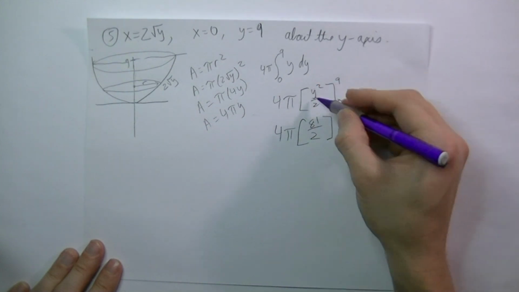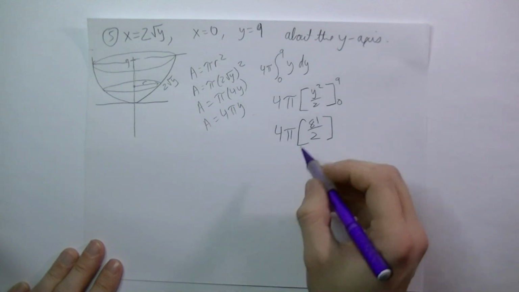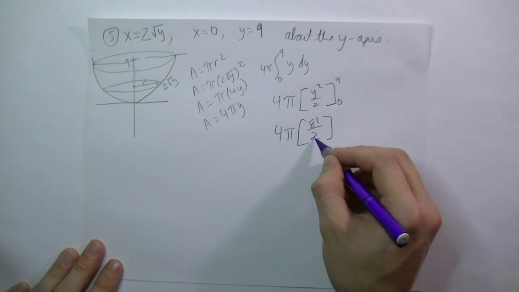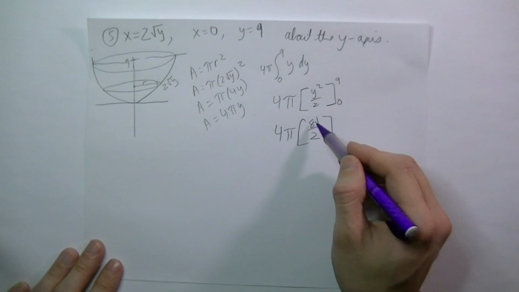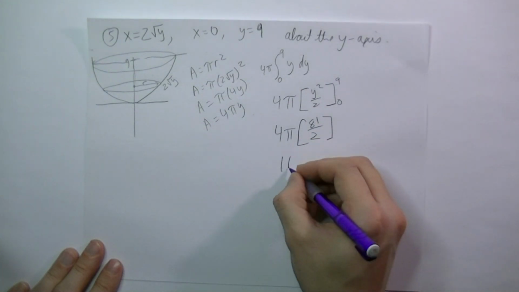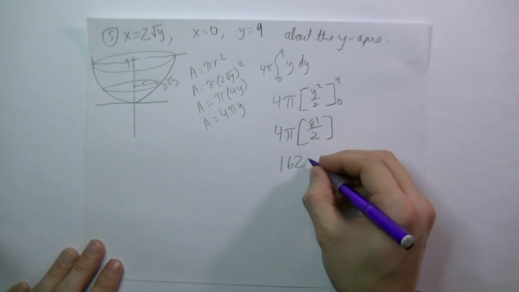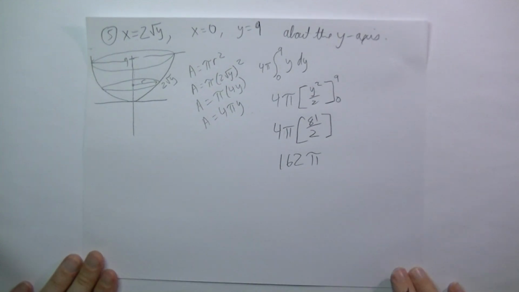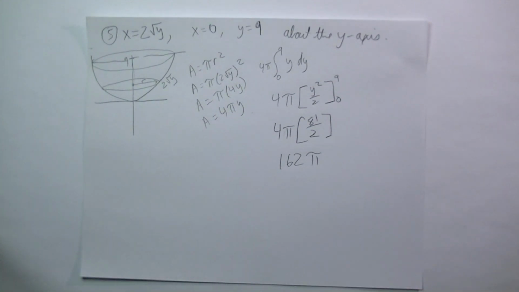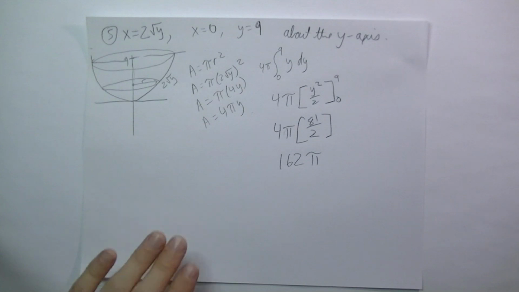The 0 doesn't matter here, this is just going to make it 0. And 4 divided by 2 is 2, and then 2 times 81 is 162, and then we still have the pi. So 162 pi.